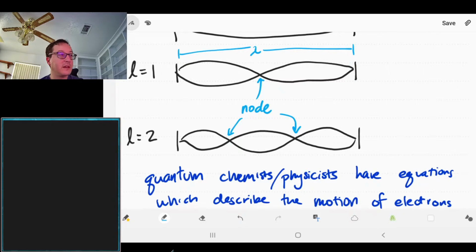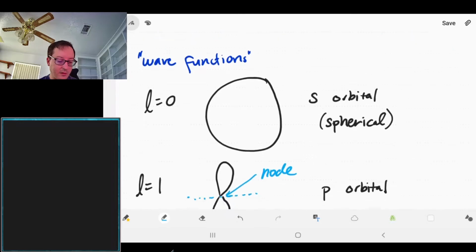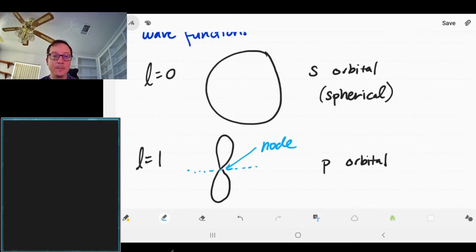They don't exist at the nodes. We see that with electrons, which can never exist at the node either. So the electrons can occupy either side of the node, but they actually never pass through it, which is a little bit bizarre for us to think of. Well, how do you go from that top part to the bottom part without ever crossing through the middle? Don't worry, electrons are somehow able to do it, right?